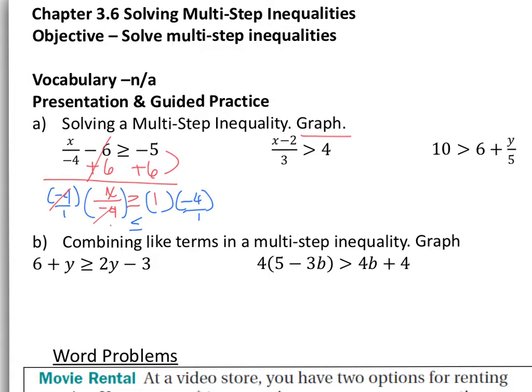Now we get x is less than or equal to negative 4. And when we graph it, it will be a solid dot and the arrow will point to the left.